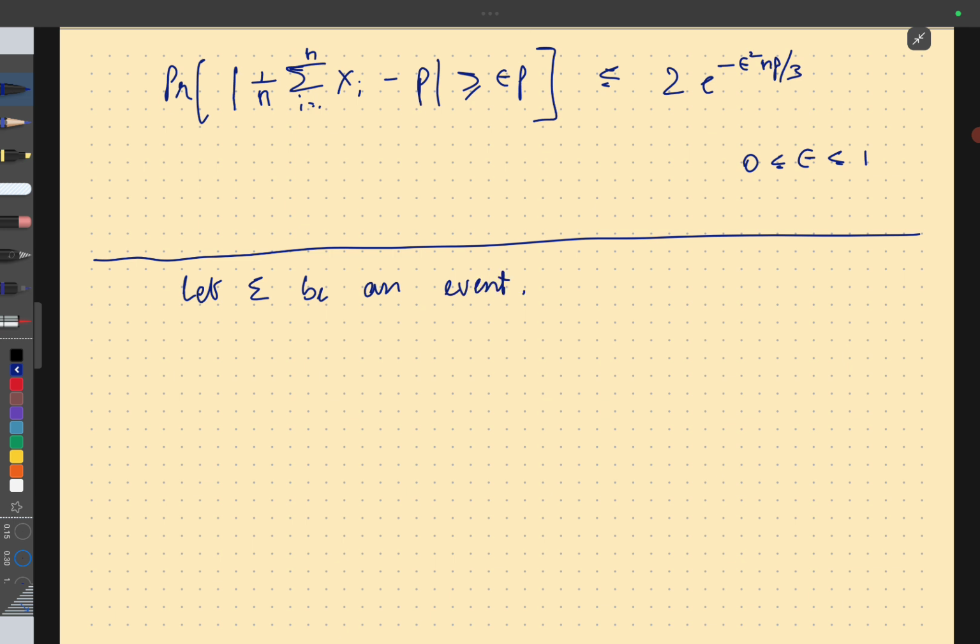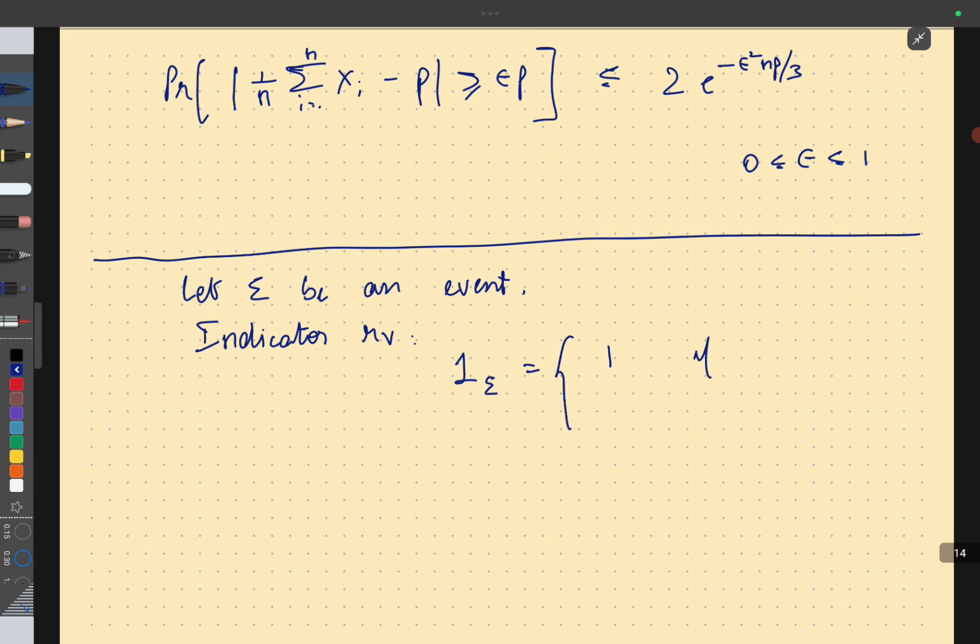The indicator random variable corresponding to this event E, which we will denote 1 subscript E, is another random variable which is a function of this particular event.